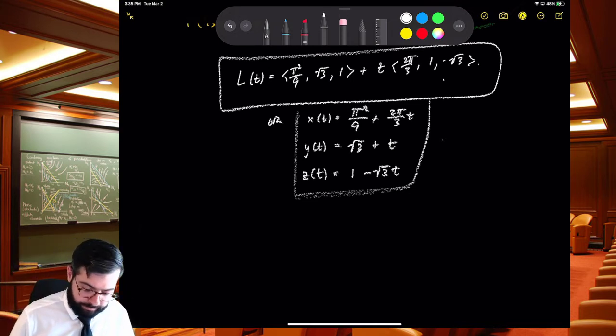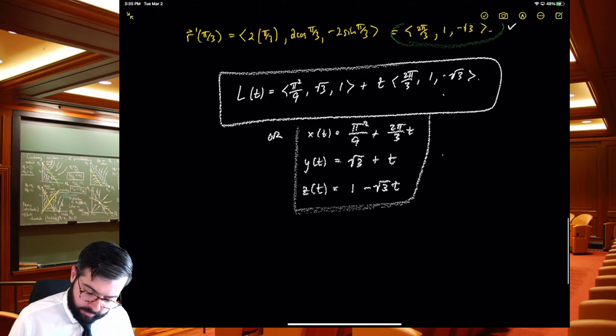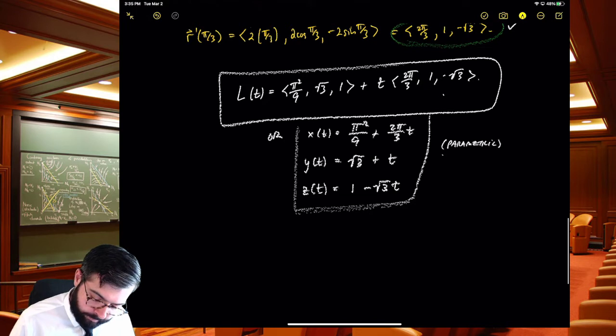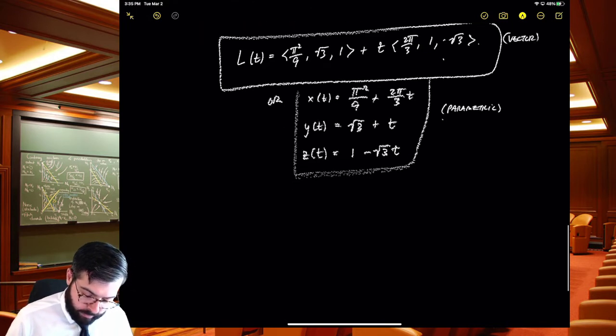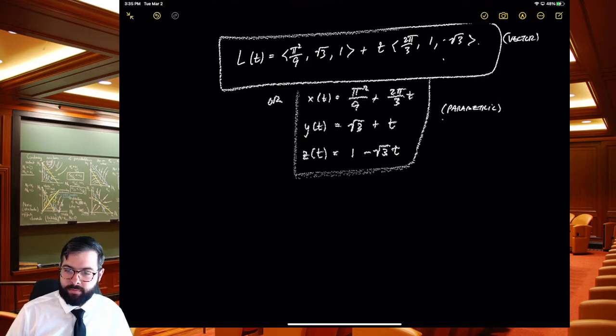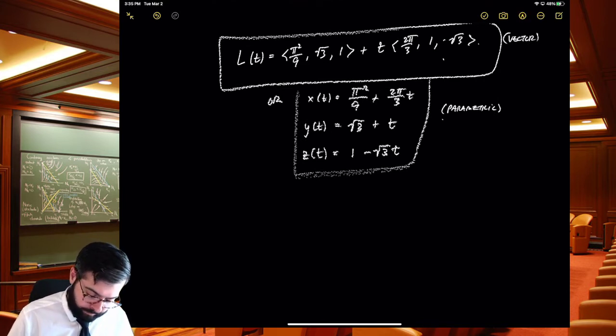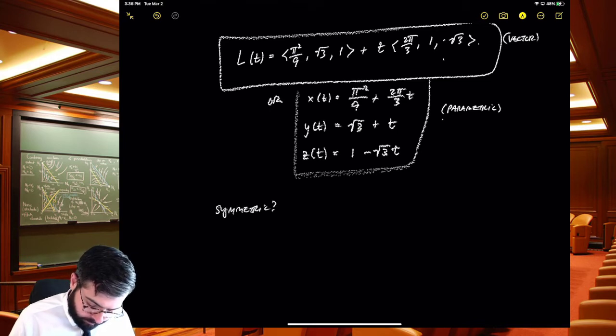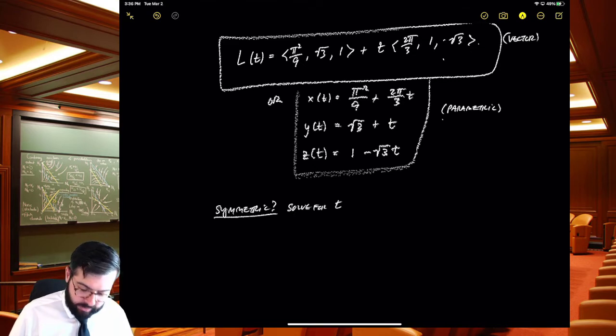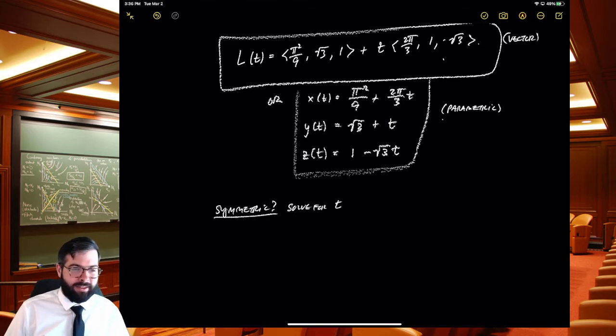Well, we should do it. We just solve for t on each of these. You're implicitizing it. You're getting rid of the parameter.